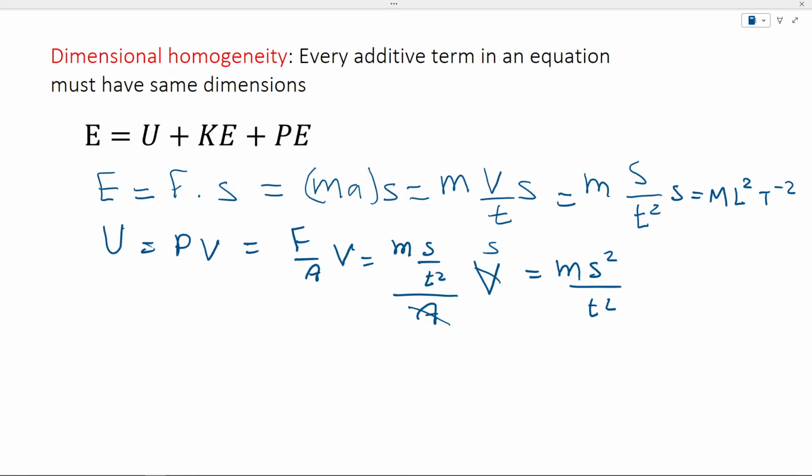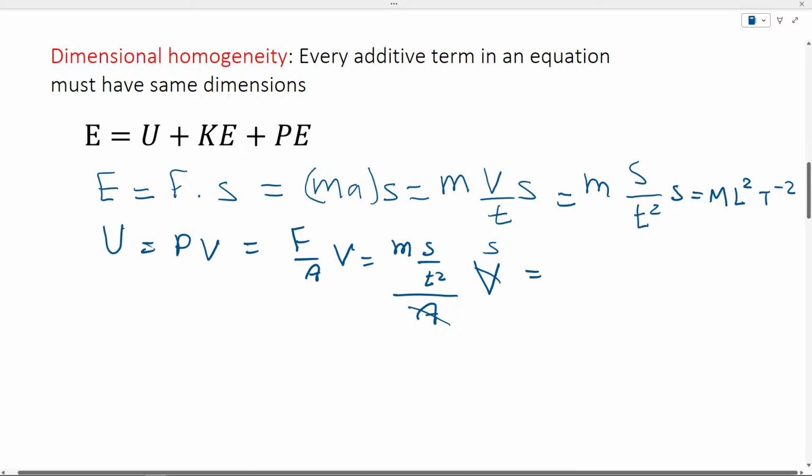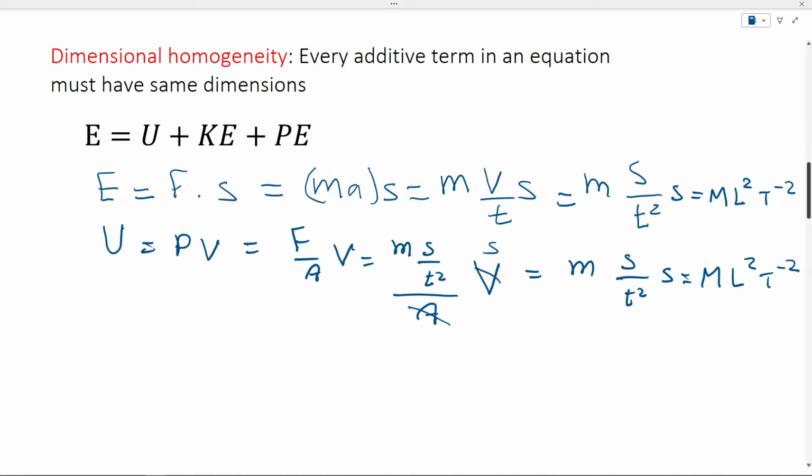Let me write it like the previous one so that you see the similarity: m s squared over t squared, which gives us what we've seen before. You see, I started with force times distance, this pressure times volume, which gives the energy due to pressure gradient, and it ended up the same.